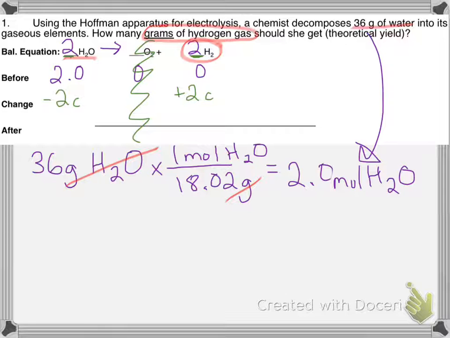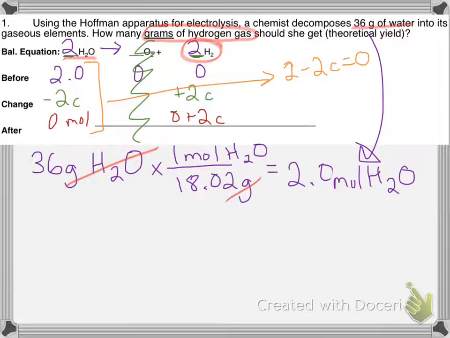So, after the reaction takes place, we're going to be left with 0 moles of water. It's all going to decompose, and it will be 0 plus 2C moles of hydrogen gas. So, looking at our water, I want you to notice right now we have 2 minus 2C equals 0.